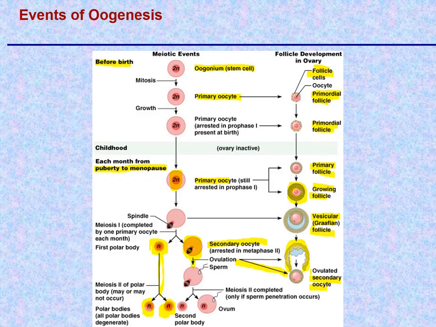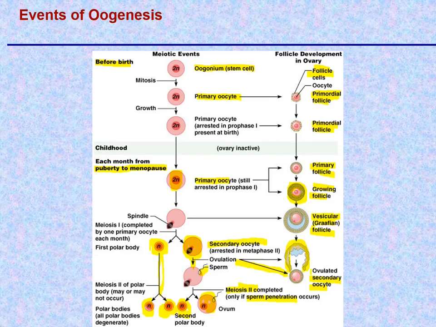If that secondary oocyte is fertilized by sperm, then immediately upon being fertilized, as soon as the sperm penetrates the egg, it undergoes meiosis 2, splitting into what's called a second polar body and the fertilized ovum.